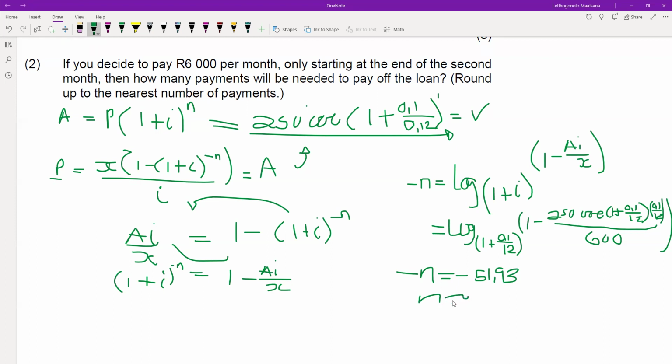Then we can round off that 51 to 52 months. So if the person is now paying 6,000 instead of that 3,300 that we had calculated initially, then they will require 52 months to finish off that debt.